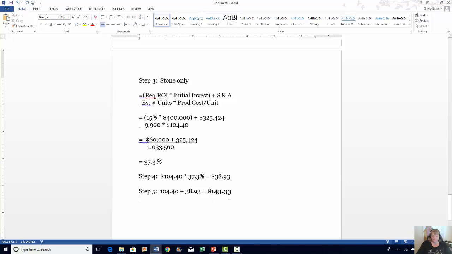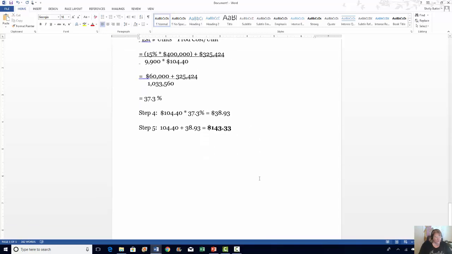Now, if you want to do all of the math for the bronze, the total cost for that one will be $179.67 if you do all the math.